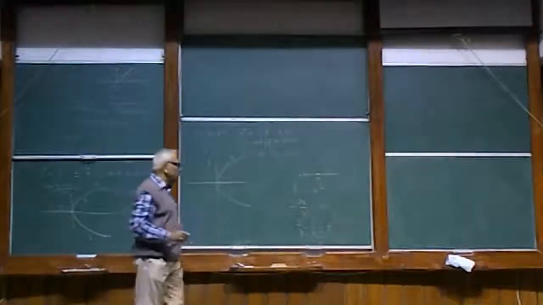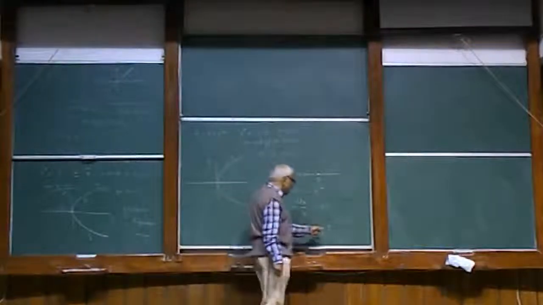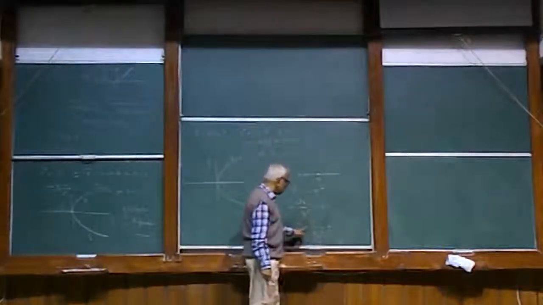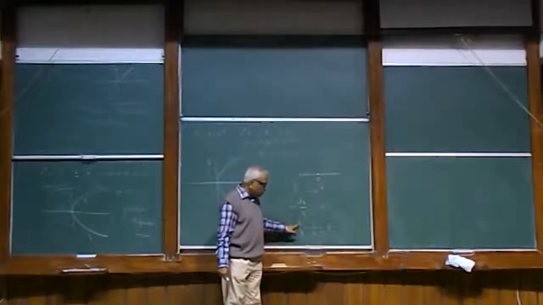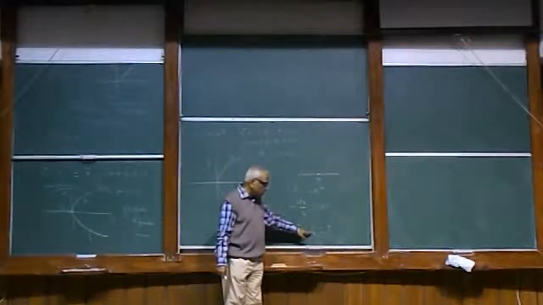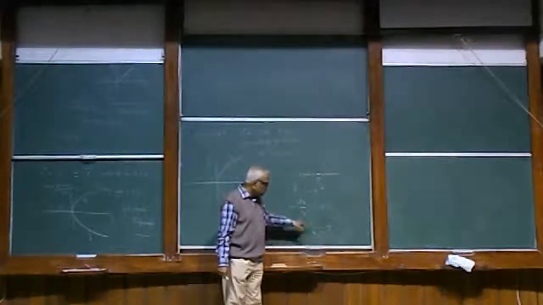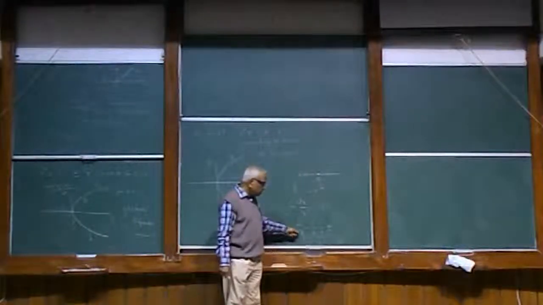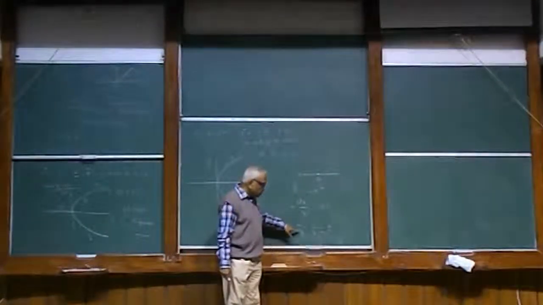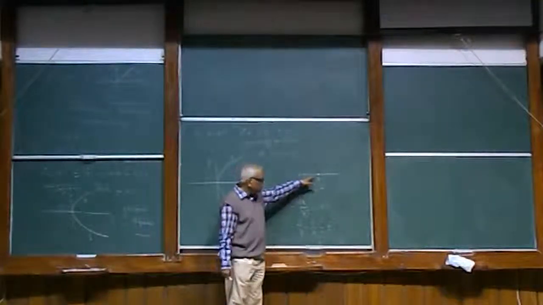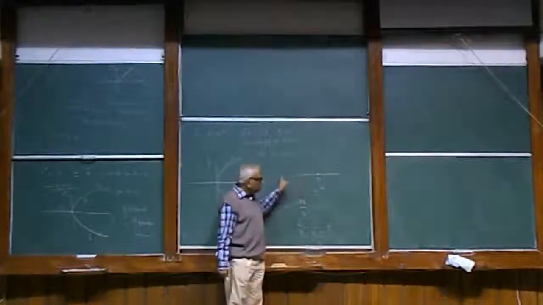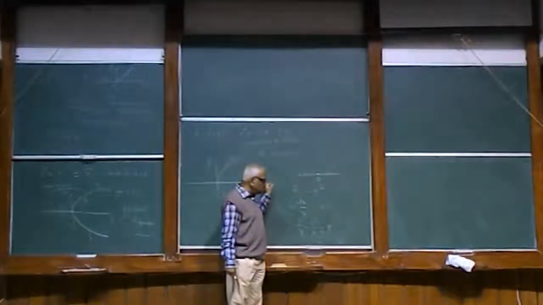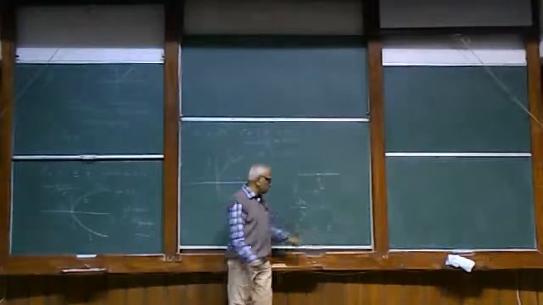So if you start out at your x naught somewhere or other, it's this 1 over x minus 1 over x naught. If you start out from this side over here, then you will reach x equal to minus infinity at a finite time.